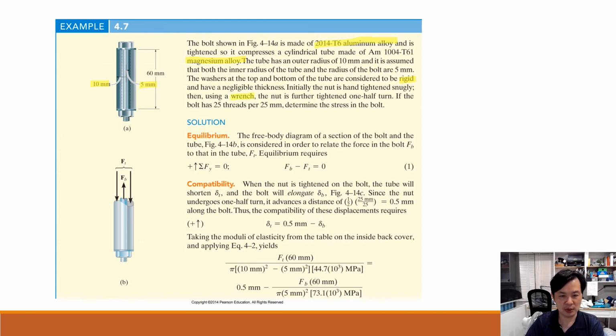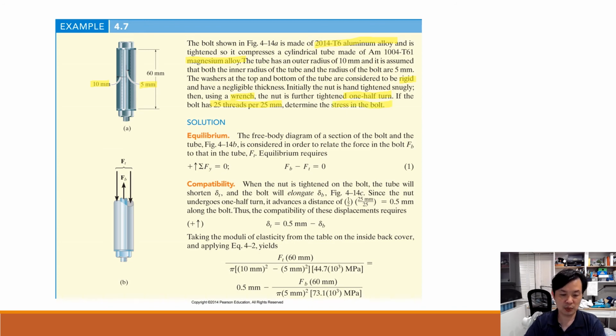Then you use a wrench to apply an extremely large force to tighten it for 1/2 turn. 1 turn means you rotate the nut for about 2 pi, or a circle, and for a bolt the spec would be 25 threads per 25 millimeter. So if you rotate it for 1 thread, it moves about 1 millimeter. Then finally, determine the stress in the bolt.